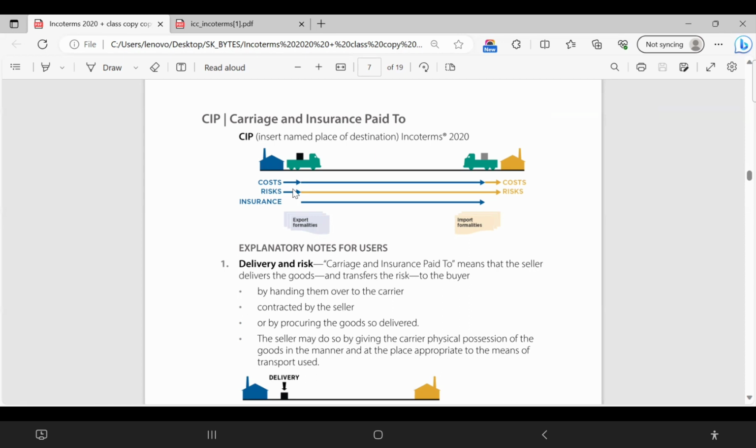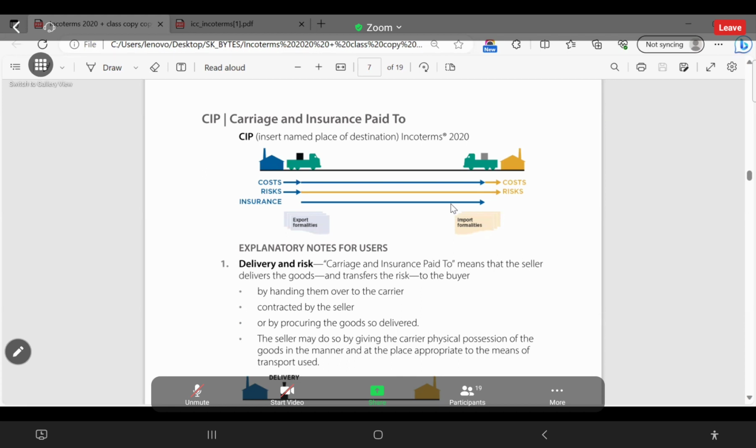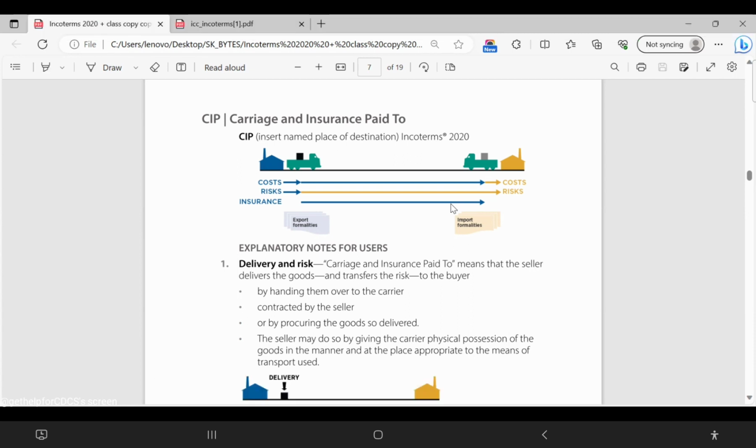In addition to that, there is insurance from this point to the place of destination. Now, who will be paying insurance here? Seller. The seller is paying insurance. So if something happens, who is responsible? The insurance company is responsible. Okay.